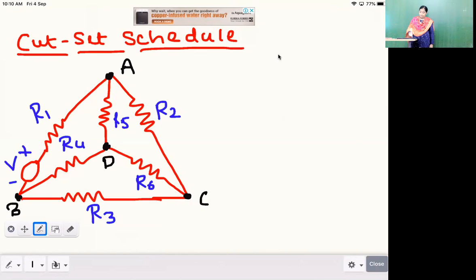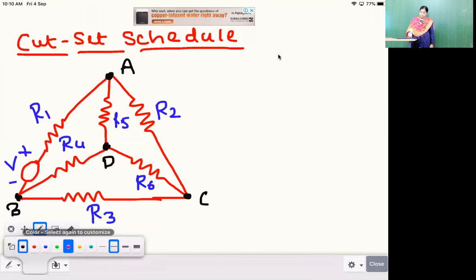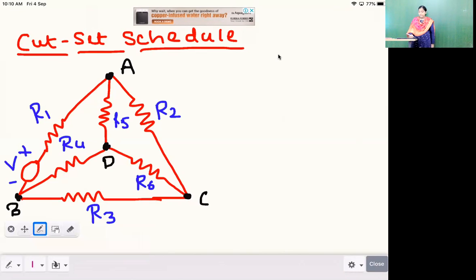Now let us mark the total number of branches. Let me start assuming the branches from the voltage source, going from minus to plus. Let me consider the current flowing through this first branch as I1. Once it comes to node A, it gets divided between R2 and R5.